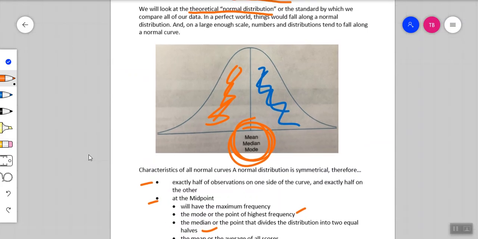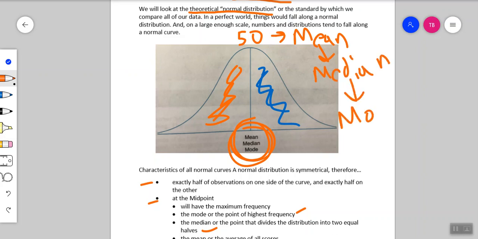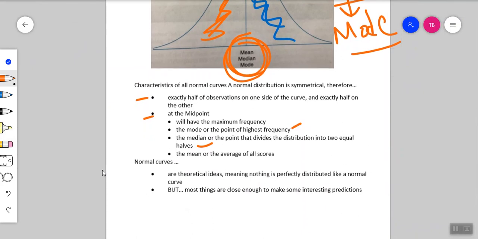So if you were to get a question, something like if this midpoint was, say, 50, that would mean the mean is 50, so is the median, and so is the mode. They're all going to be exactly the same number because on a perfect normal curve, everything is symmetrical, and mean, median, and mode are all going to be the same number. So that's a given. Okay.